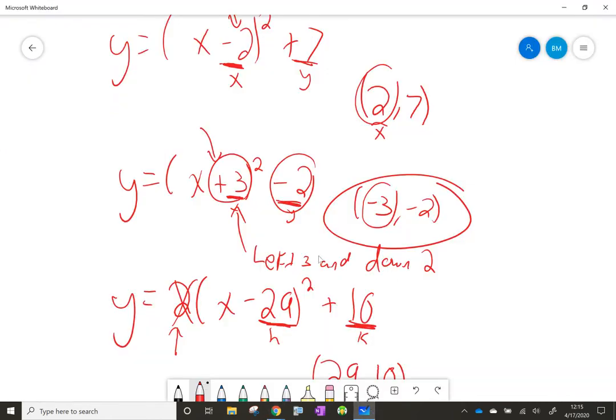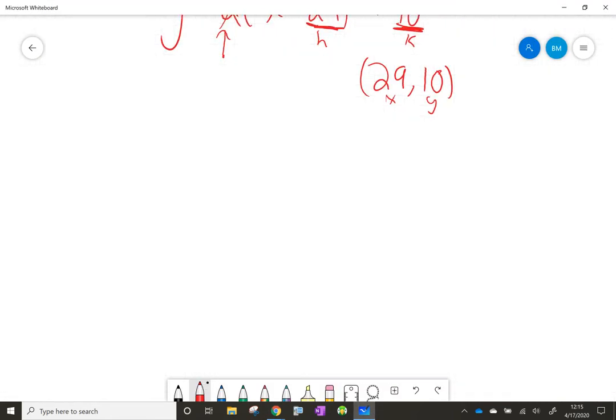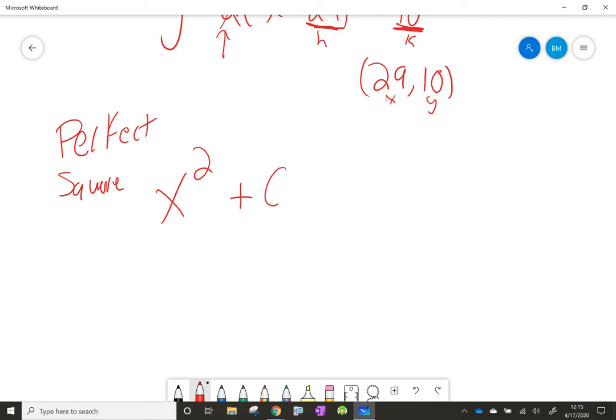So let me give you some practice as to what's going to happen. Let's say I have a quadratic, and I want it to be a perfect square quadratic. Let's say I have x squared plus 10x plus c. My question is, what should this c value be? If it's a perfect square trinomial, what number should c be?